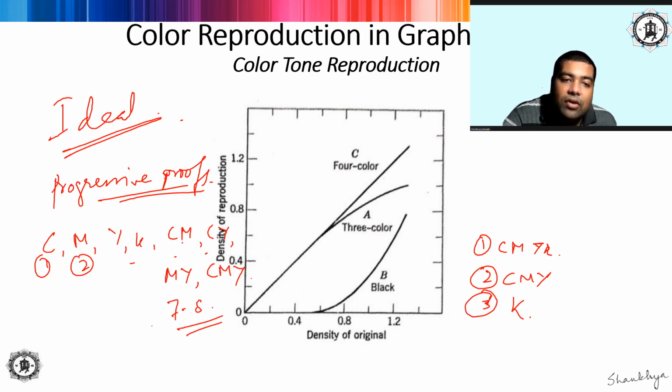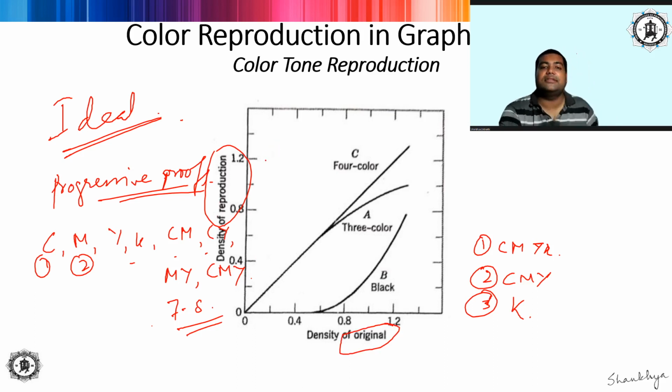Okay, so let us see now here. Normally in ideal situation, our print, that is our reproduction, when we plot the density change of reproduction with respect to the density change of the original, we should get an ideal 45-degree line passing through the origin. So this is your ideal curve, right? The C curve that I have drawn over here, right? Now, how did we get these densities?